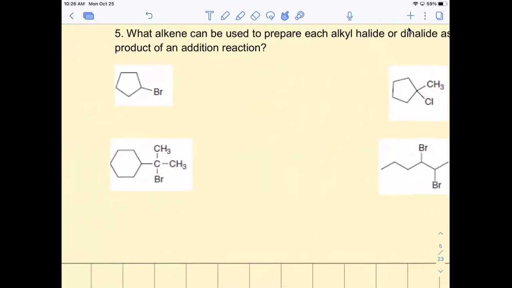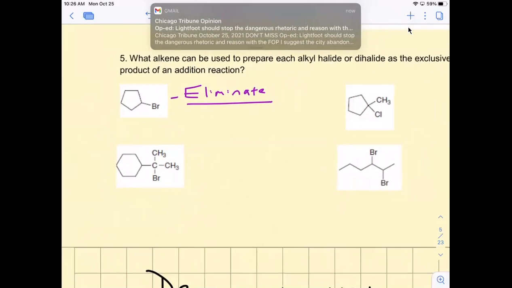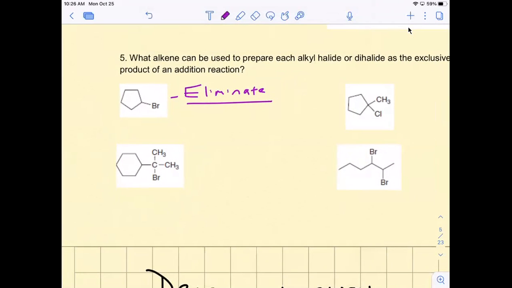So all that's asking you to do is to eliminate. That's how you would get back to the alkene, right? Because if you add to the alkene, you're breaking it. If you eliminate from it, then you're going to reform the pi bond. So that's what that's asking. We're going to come back and do that later, because I don't want to get bogged down with that, because we've already kind of talked about elimination. It's just a matter of figuring out where the leaving group is and then finding the alpha protons. But we'll come back to that.